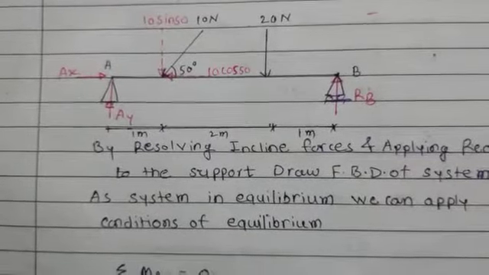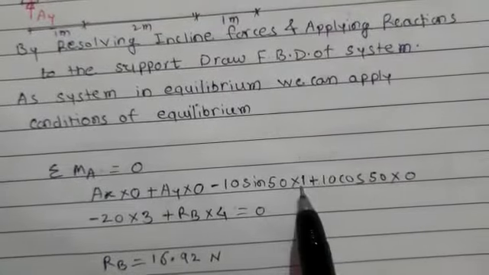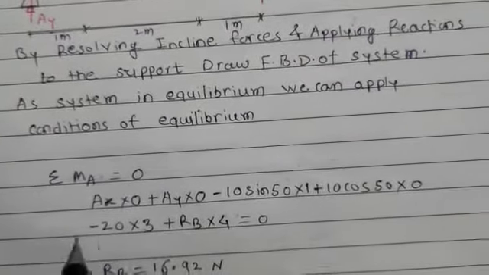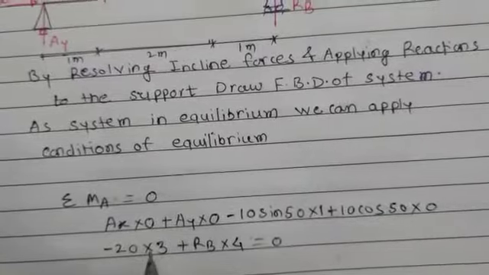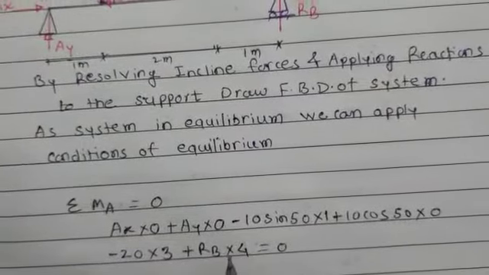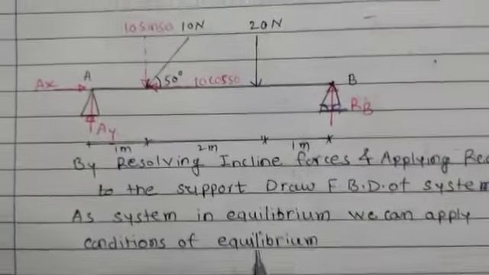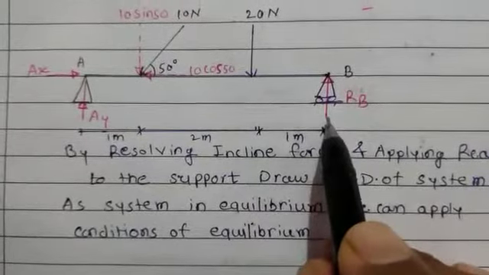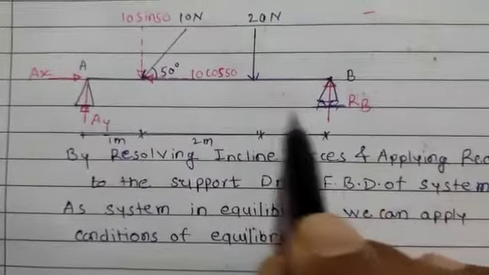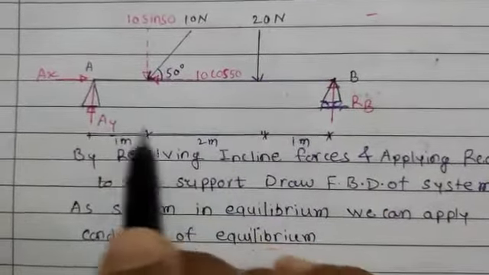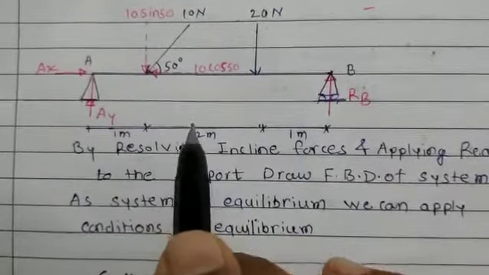Hence we have written it 10 sin 50 into 1 and minus 20 into 3 plus RB into 4. So where this RB is this force and this RB into this total distance up to point A, it is 4 meter.